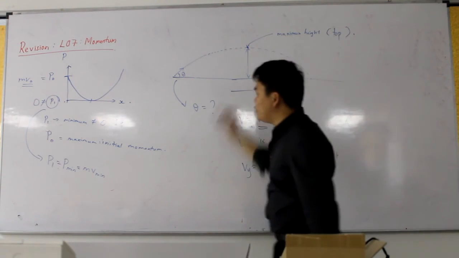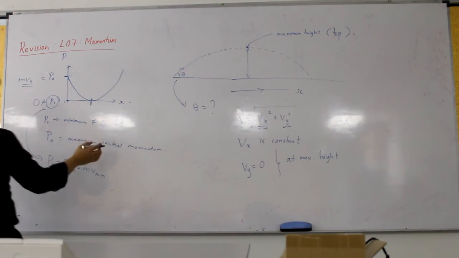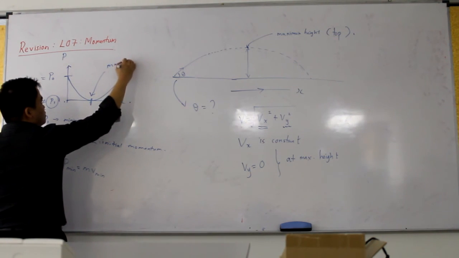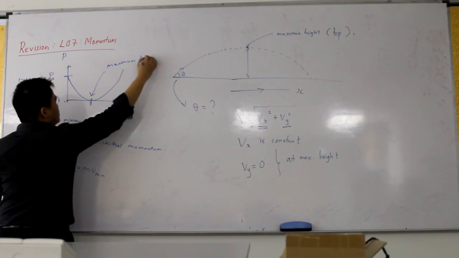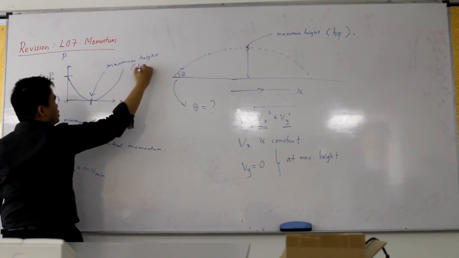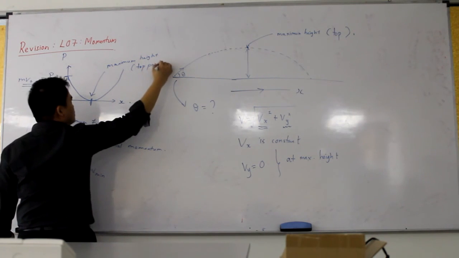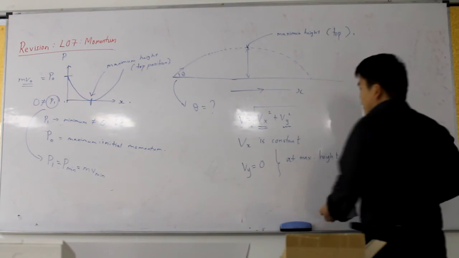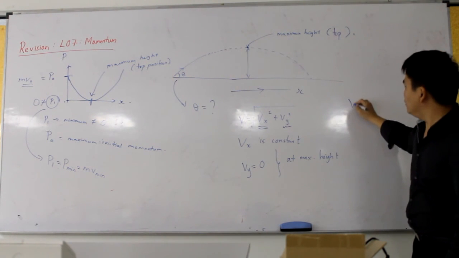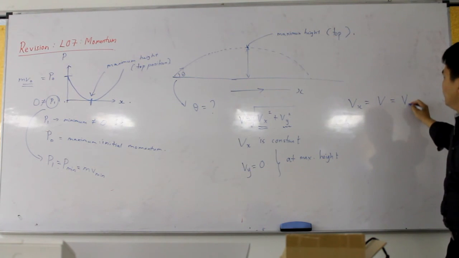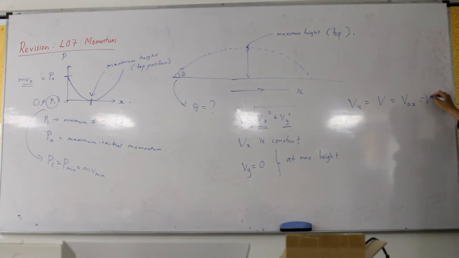So this one indicates it is at maximum height, or the so-called top position. And at the top position, you should know that vx is the same as v, the same as v naught x, the same as v naught cos theta.